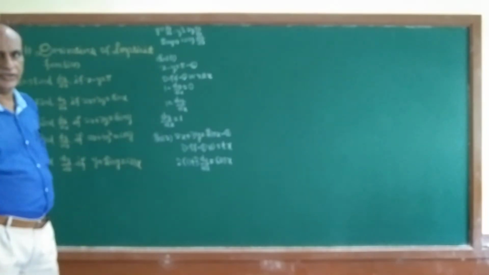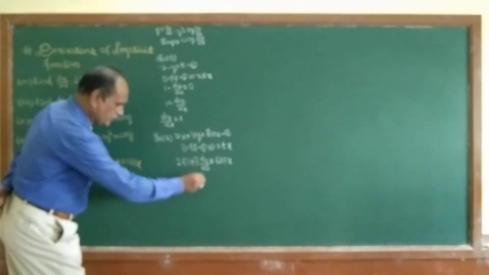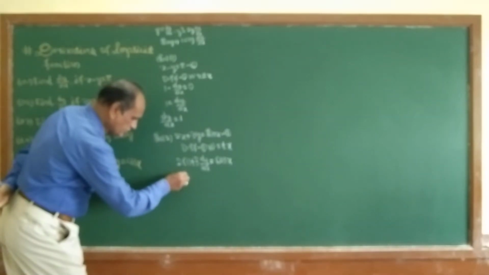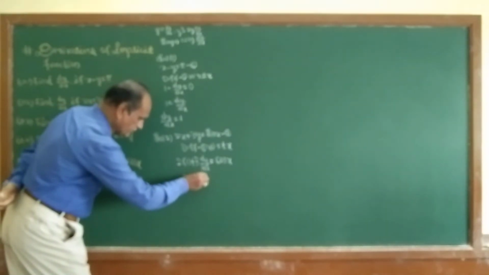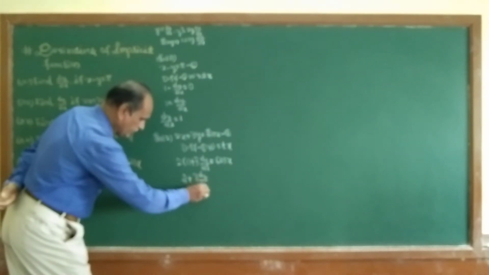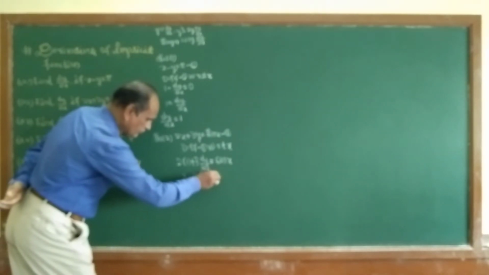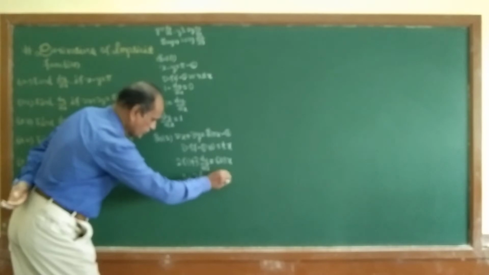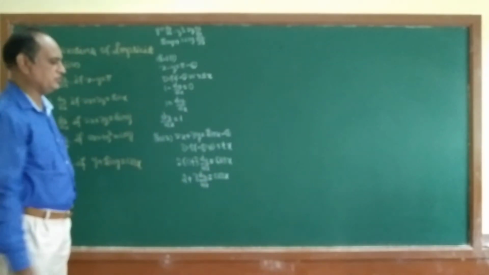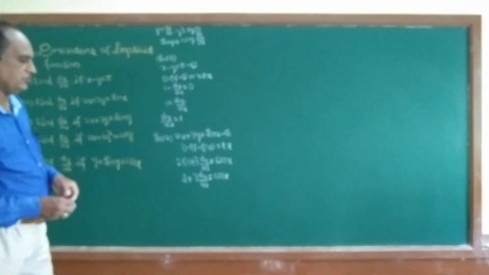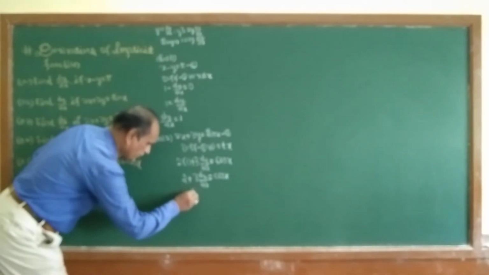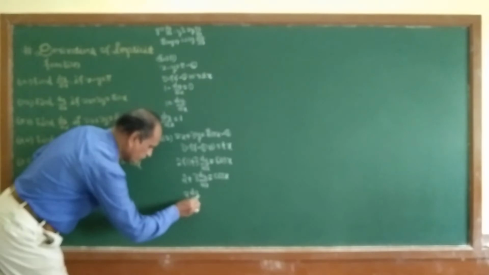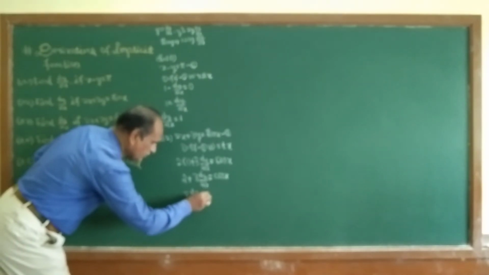From here, rearrange the given equation. 2 into 1 is simply 2, plus the remaining term as it is, 3 dy by dx, is equal to cos x. Collect the term dy by dx on one side: 3 into dy by dx is equal to cos x.